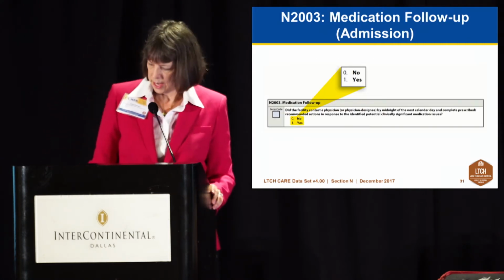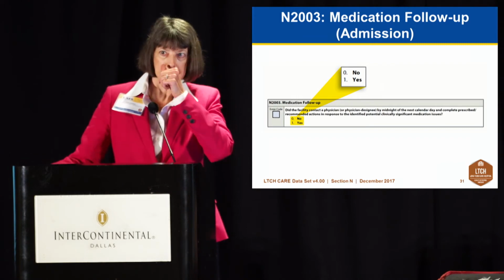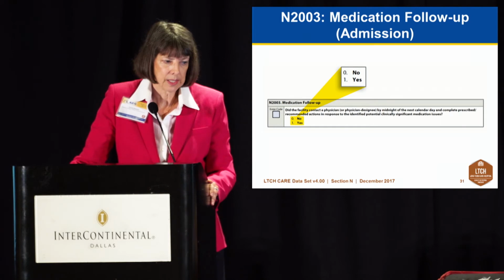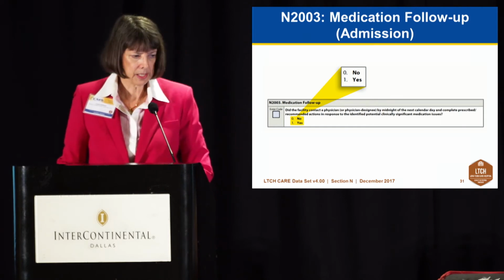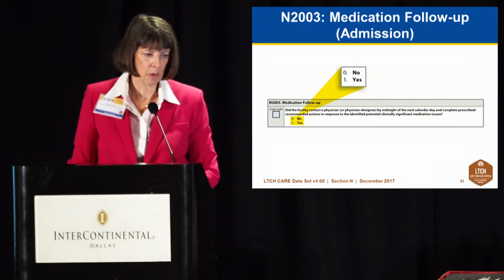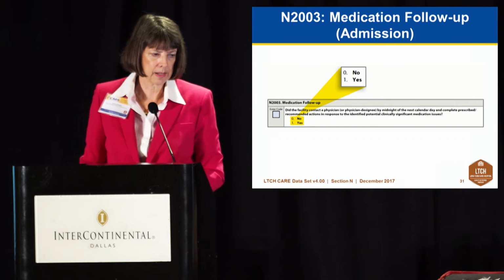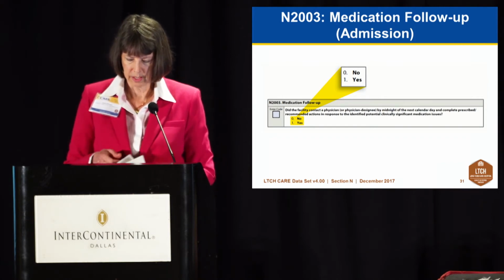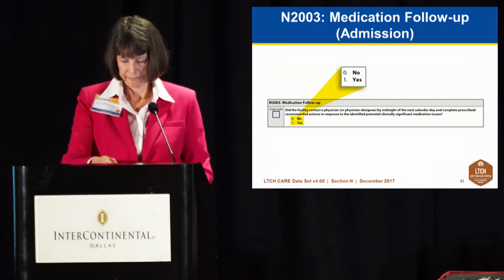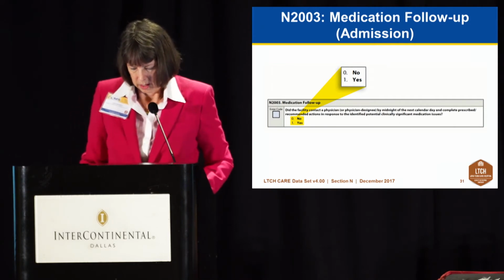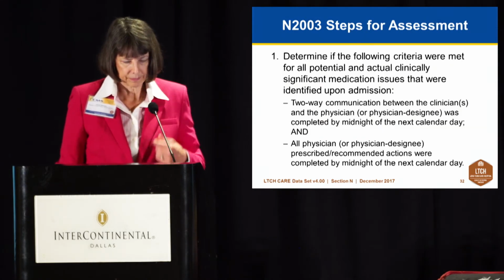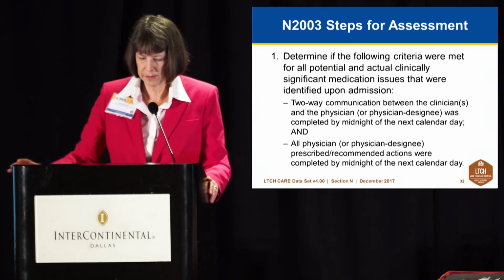So if you had discovered that there were medication issues, you would go to N2003. And we can see that the two responses for this one are no and yes. And we are going to go through these thoroughly in terms of what each of these mean. So let's look at the steps for N2003.